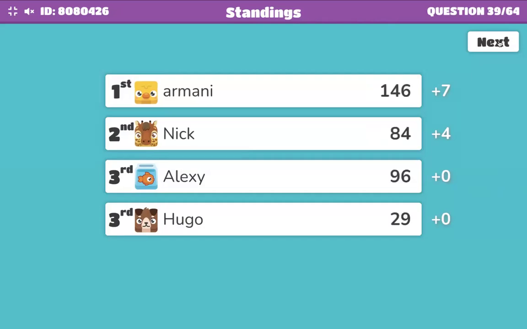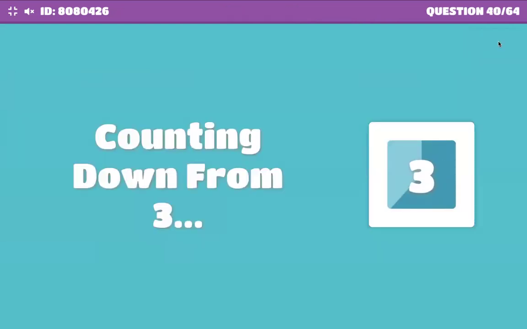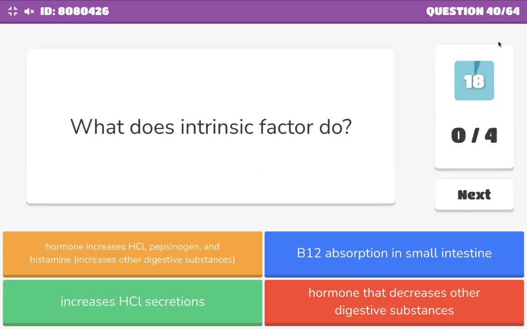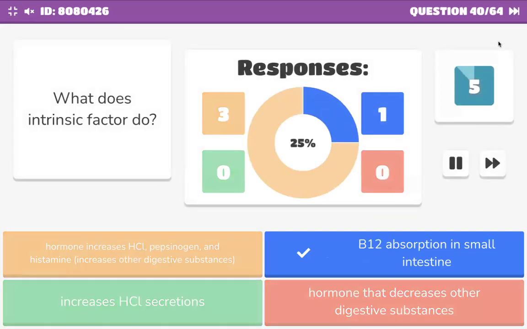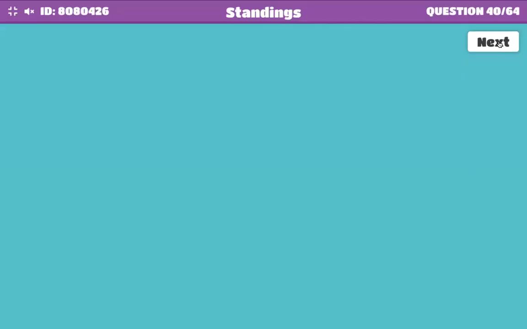as it travels through your GI tract. What does intrinsic factor do? B12 absorption in the small intestines.